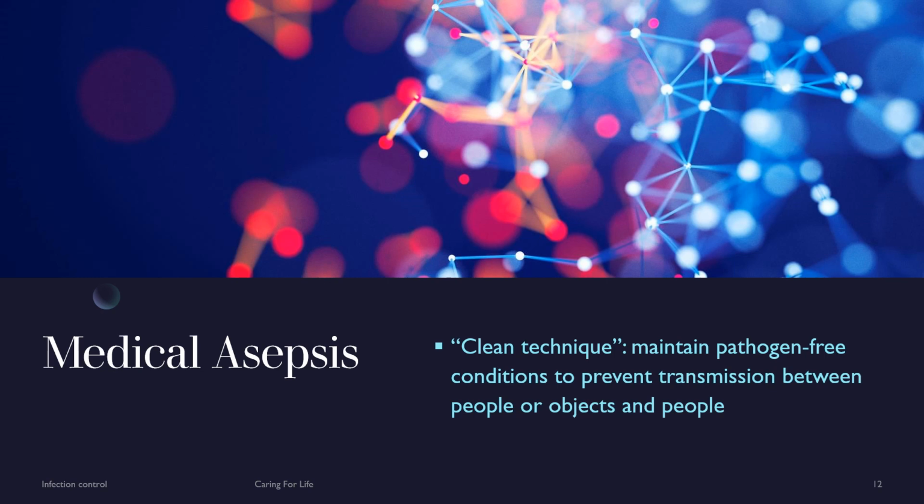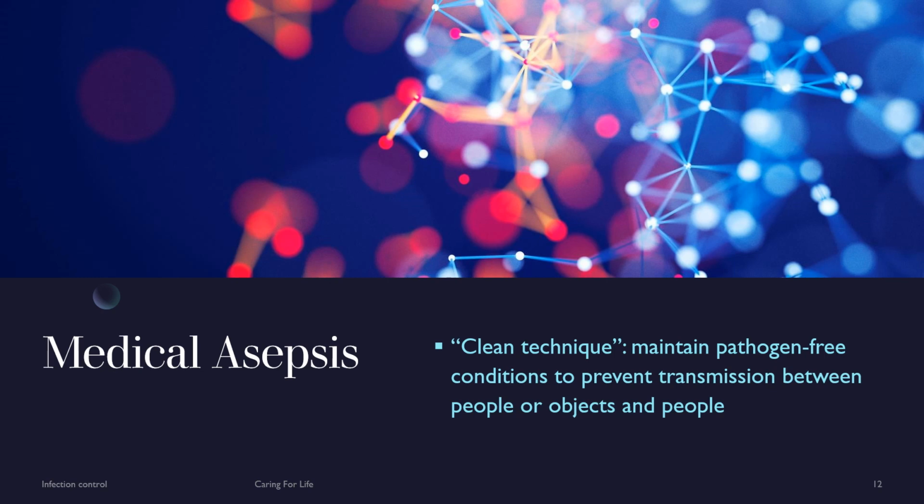So again, here's medical asepsis, and it's very important that you know medical asepsis. Again, it's clean technique. So these are the practices we use to help prevent the spread of infection between people, objects, everything. And you are going to be using this all the time. The number one thing that we do with medical asepsis is washing our hands. Okay, that's the most important thing.